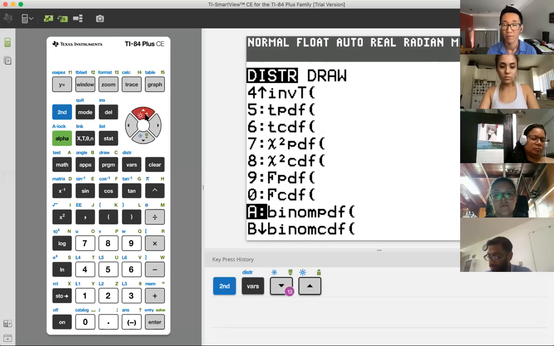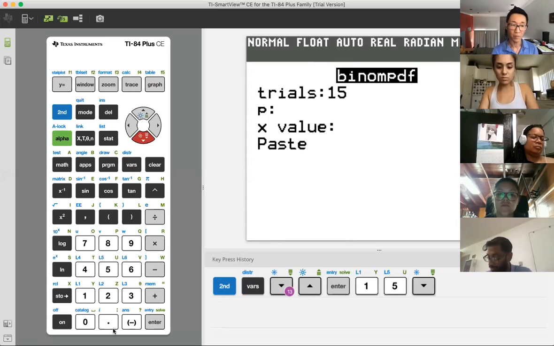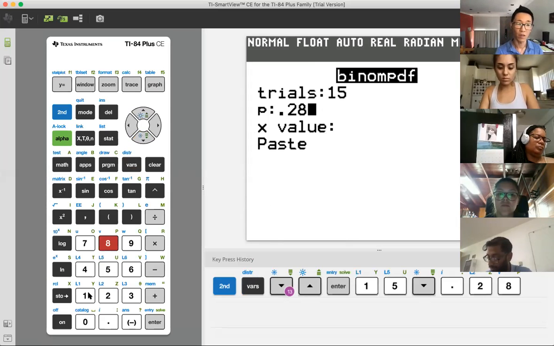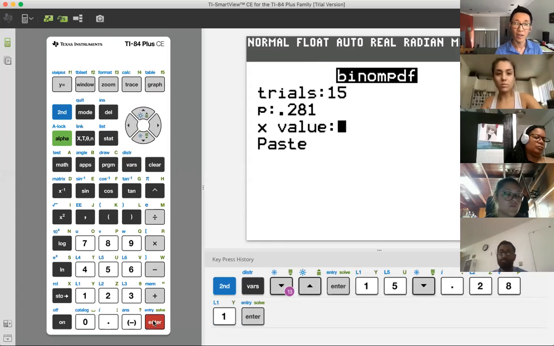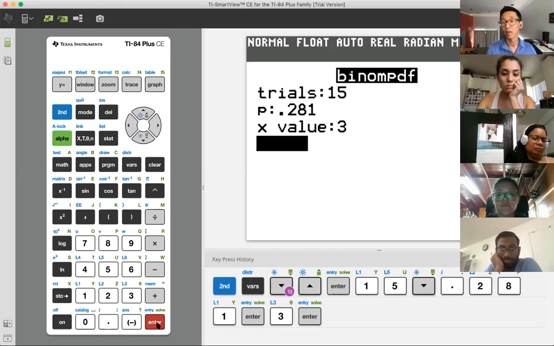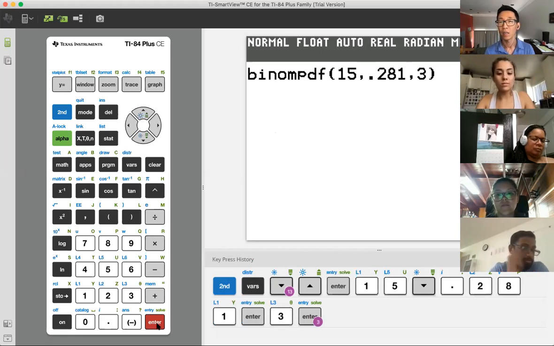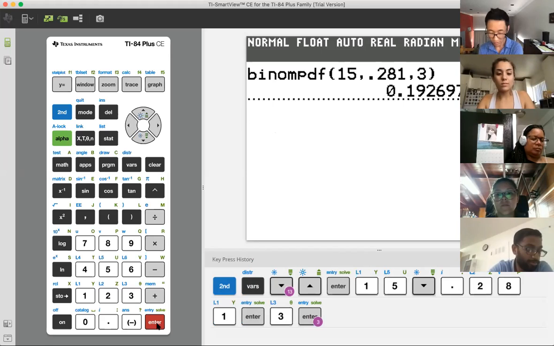Oh, here, PDF. And number of trials, that's N, that's 15. Here I'm asking 15 students. P is 0.281. X value is the number of successes. So I want to say 3 people, right? So if I have a class with 15 students, what's the probability that 3 people can read? Enter. It gives me 0.19 something.